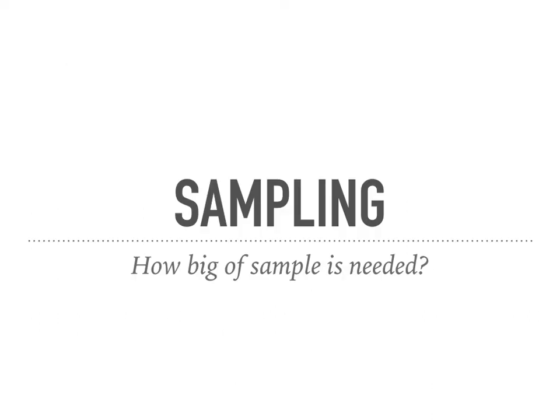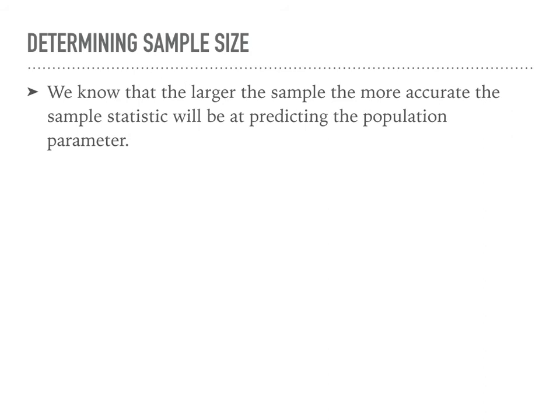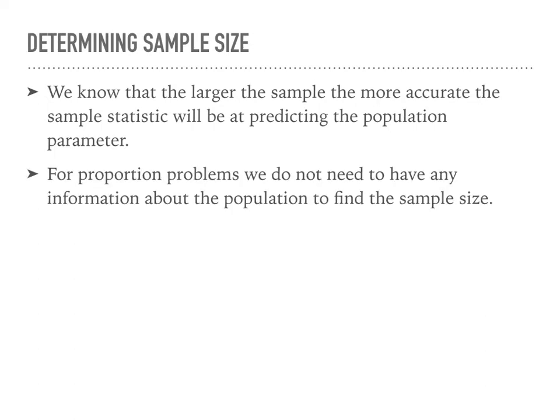Now, again, can we answer the question, how big of a sample is needed? The answer is yes, we can answer that question. So again, determining sample size, we know the larger the sample, the more accurate the sample statistic will be at predicting the population parameter. For proportion problems, we do not need any information about the population to find the sample size needed.